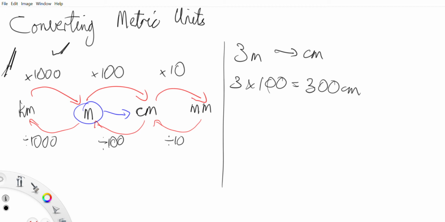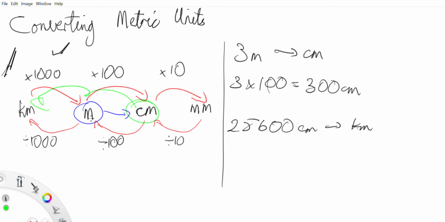All right. What if we had something really, really big, like 25,600 centimeters, and we need to go to kilometers. All right. So we need to go from centimeters to kilometers.